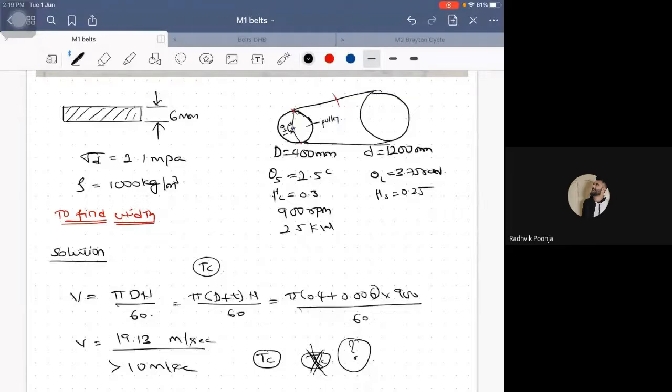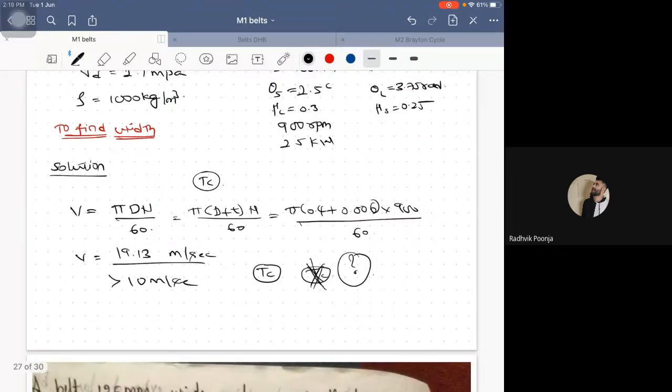That's why you can just write a sentence, since the value of V is greater than 10 meters per second, should we consider or should we neglect? Neglect. Who told you, Radvik?